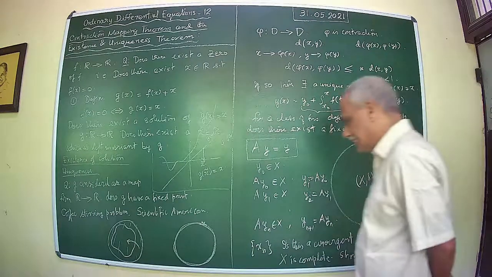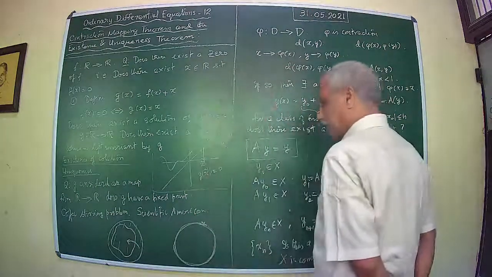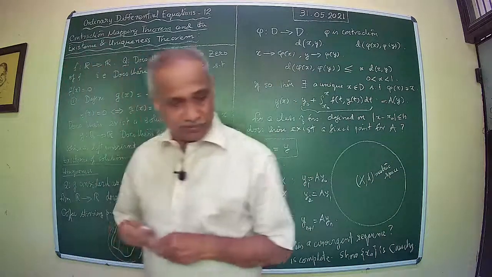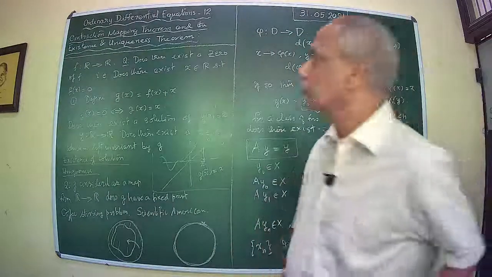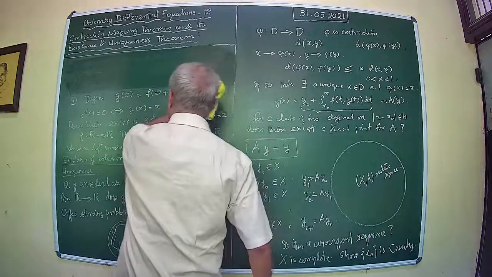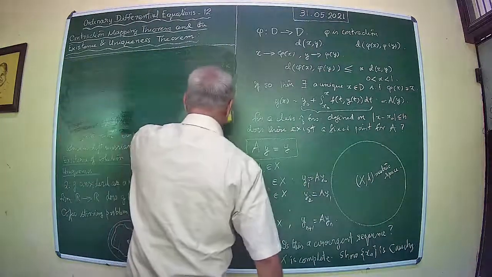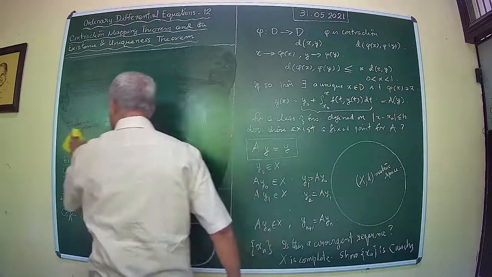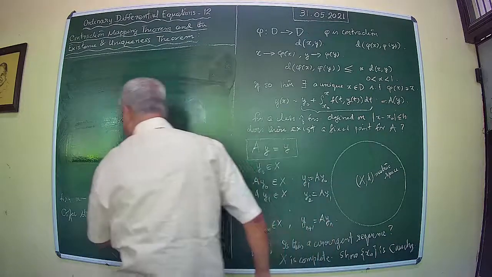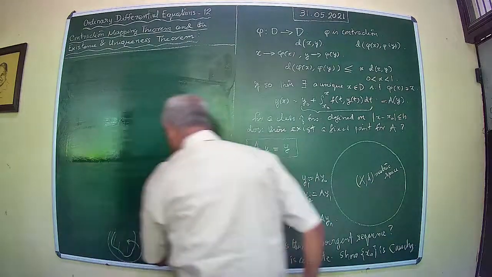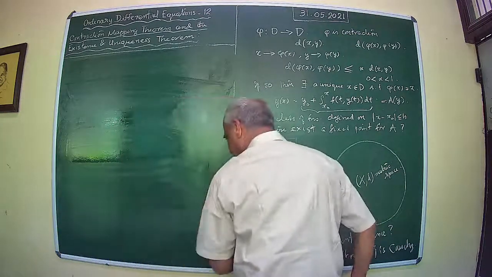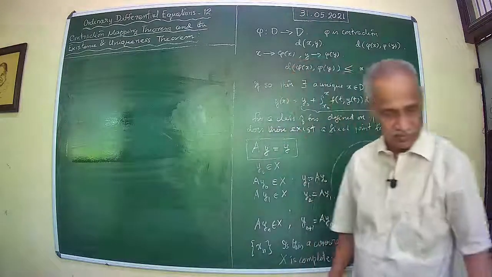If you show that x n is a Cauchy sequence, then you get that there is a point x to which the sequence would converge.